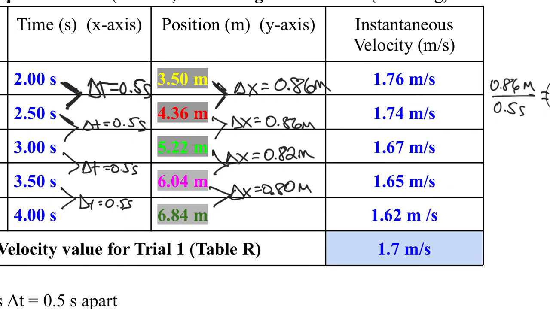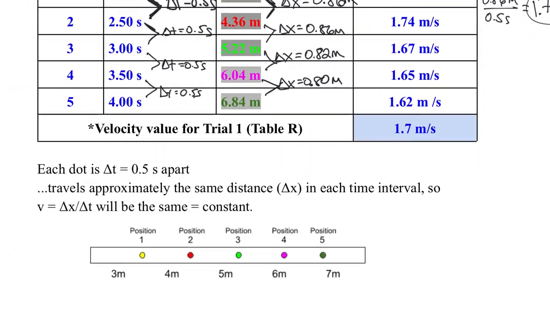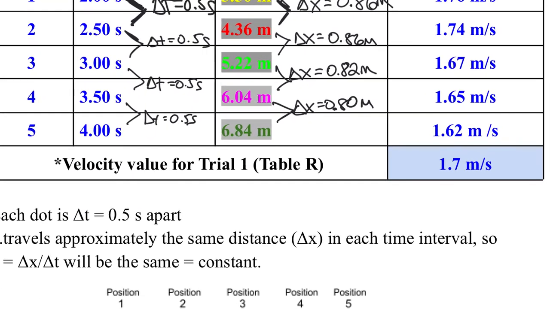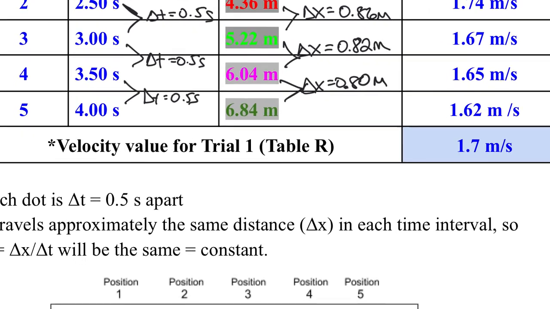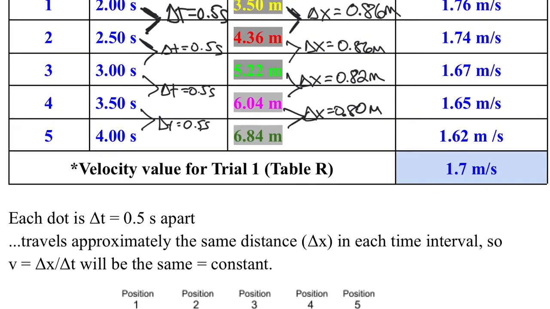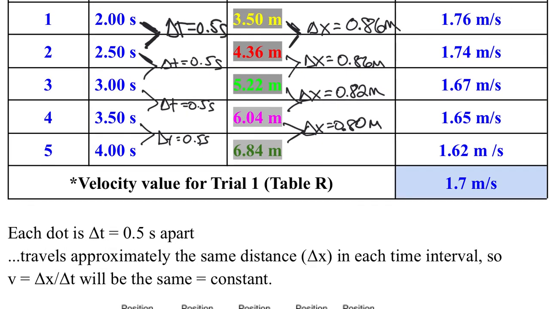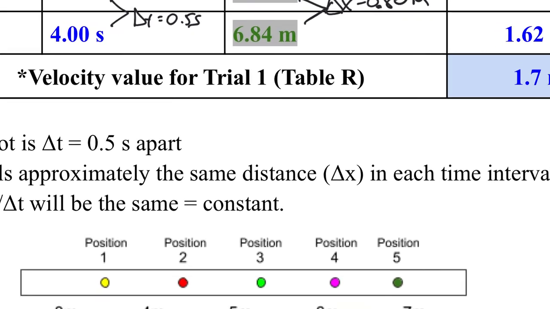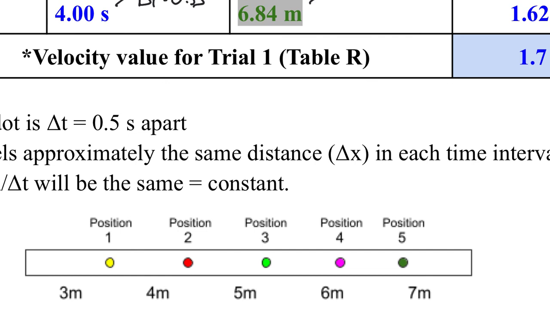All right, we're almost there, guys. I've color coordinated these, so look at this real quick. You see the yellow 3.5 and the red 4.36? I took a 10-meter stick and put the positions on it, trying to color coordinate where the position goes.